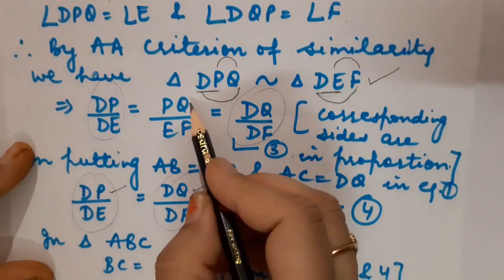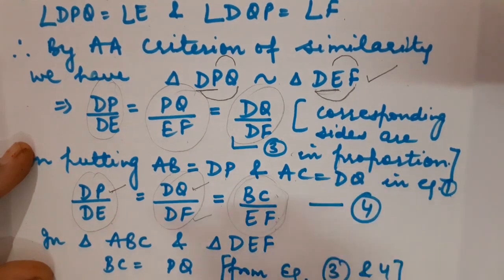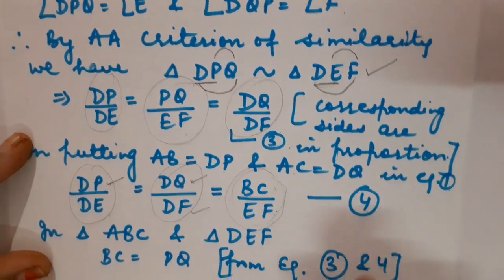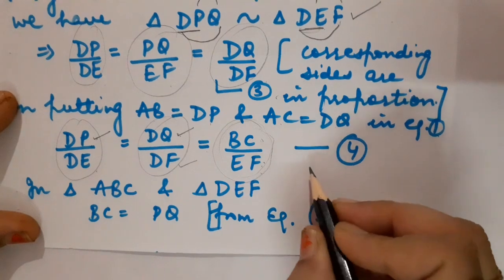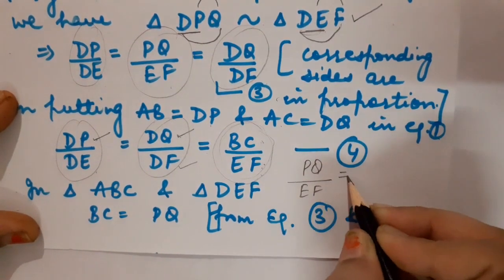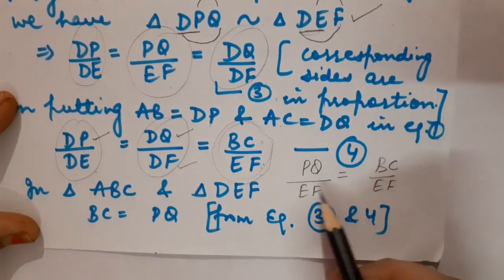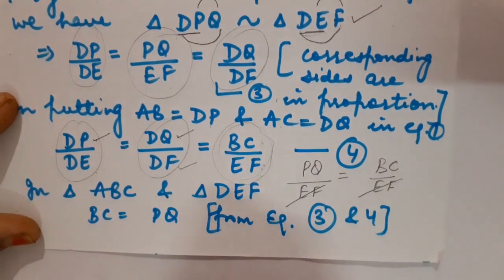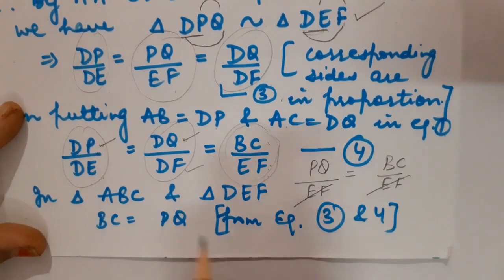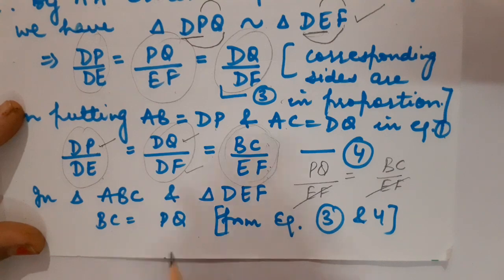So it implies to PQ upon EF will also be equal to BC upon EF. So children, suppose if I am writing PQ upon EF is equal to BC upon EF, then this EF will be cancelled with EF. So it implies to what I have got. I have got that BC is equal to PQ. Fine children.